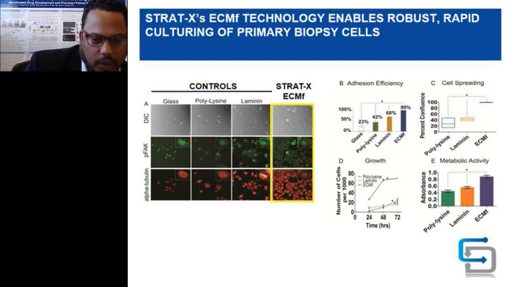When we coat glass or plastic with the STRAT-X ECMF, or extracellular matrix formulation, we see a very robust response by primary biopsy cells to adhere and survive and behave in a meaningfully referenceable way.